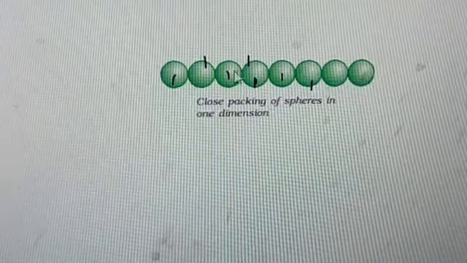How do we get 4 neighbors? Take this molecule. It is surrounded by 2 molecules in that particular row, 1 molecule at the top and 1 molecule at the bottom layer. In this row, as in 1 dimension, it is surrounded by 2 adjacent molecules.